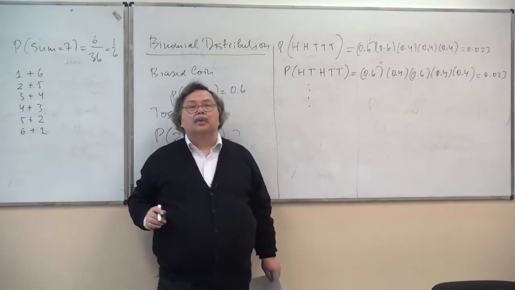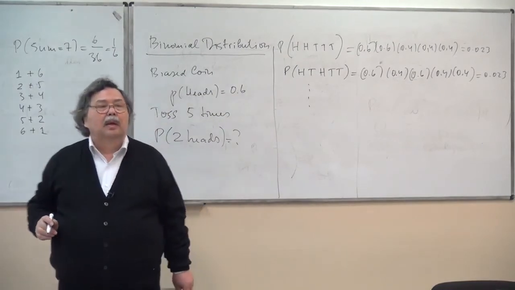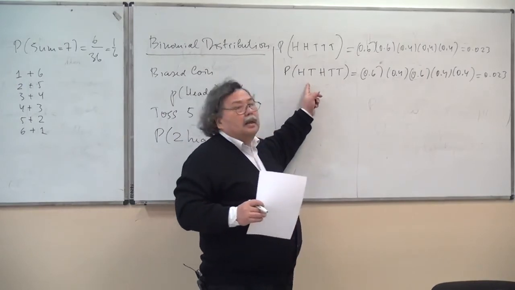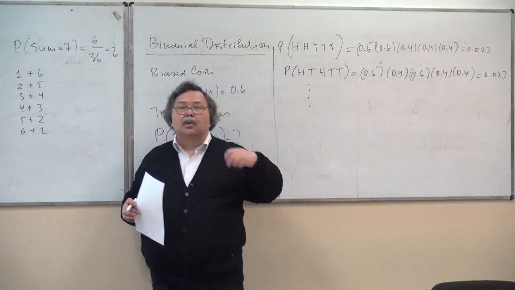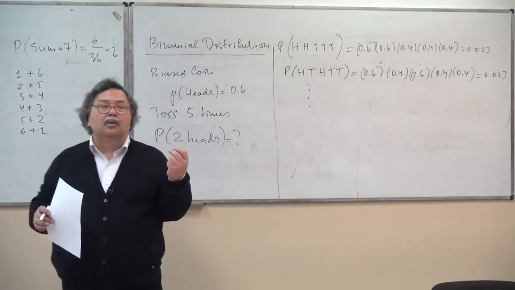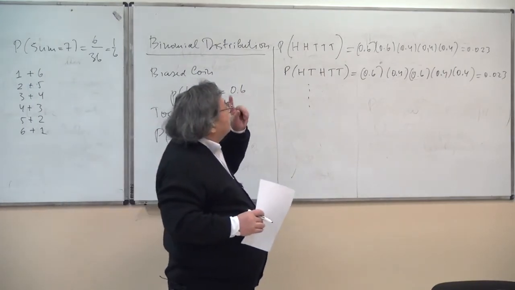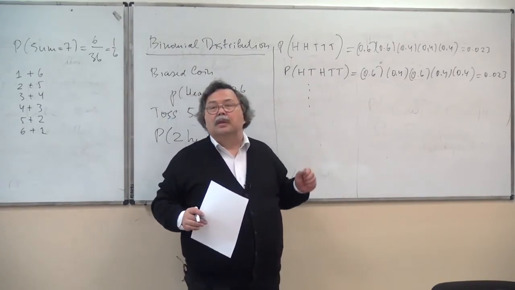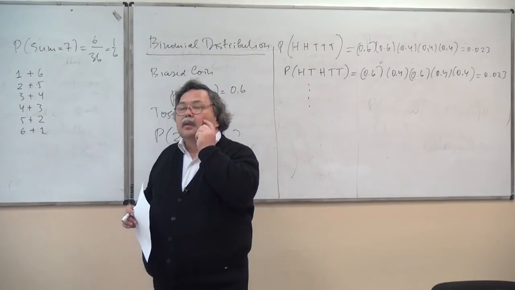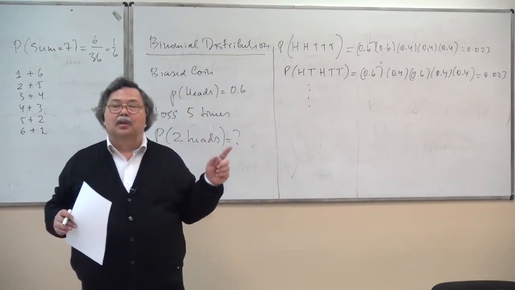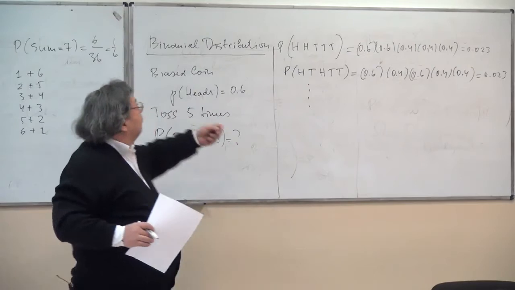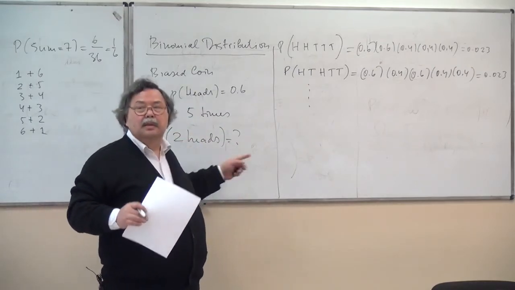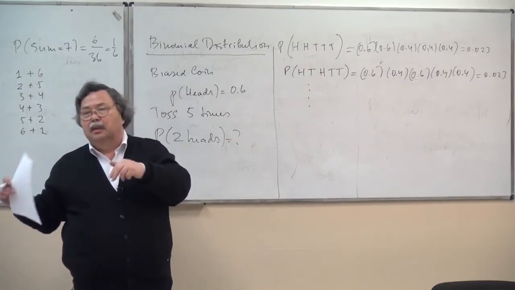Well, actually we know enough to answer this question now. Let me note that a sequence like this is totally determined in a unique way if we choose positions for the two heads, if we say at which two of the 5 positions heads will appear, so 2 H's and 3 T's.